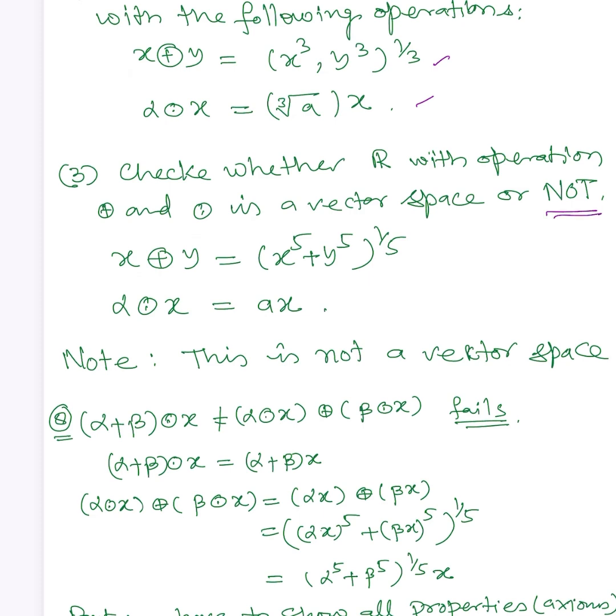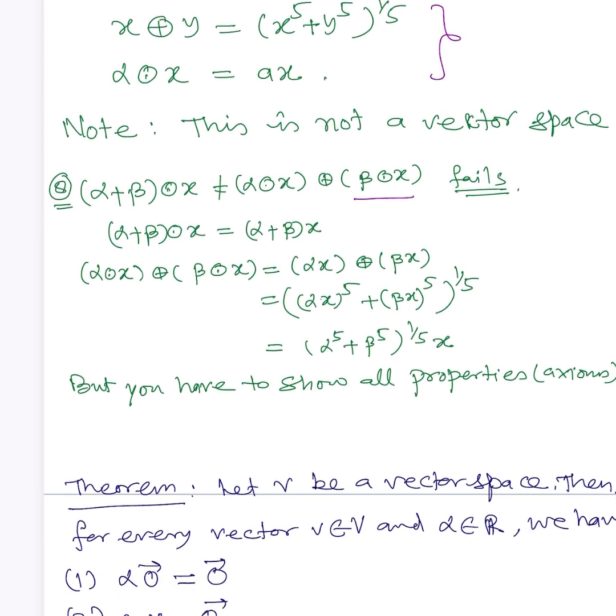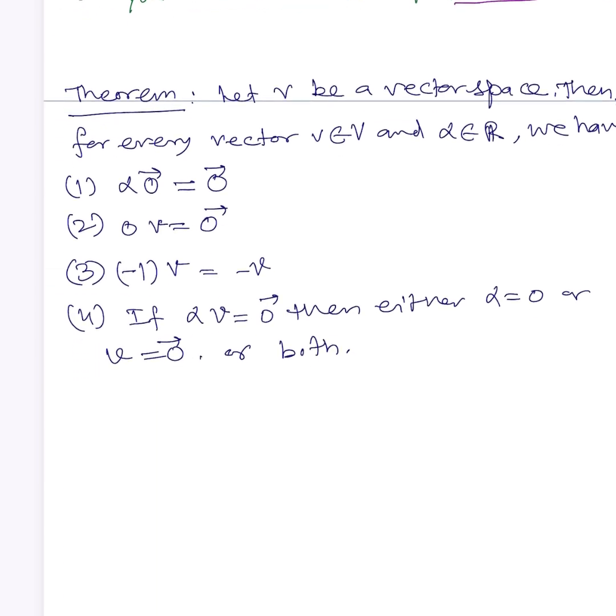If you try to check, then the distributive property is not going to be satisfied, which fails, right? So this property fails basically. These are the operations given. And now the last, the eighth property of the axioms, is not going to be satisfied, right? So this is not a vector space.